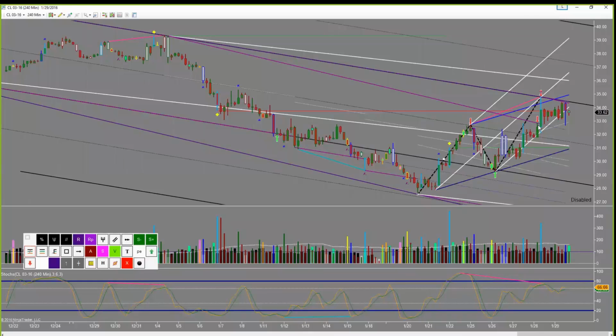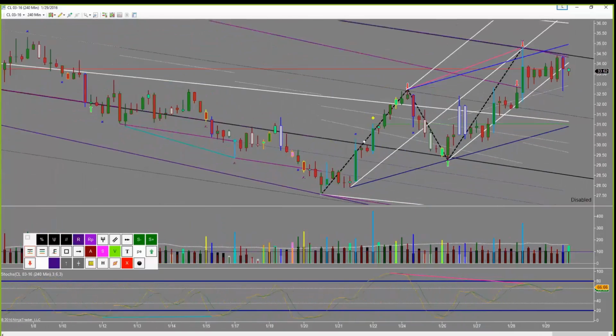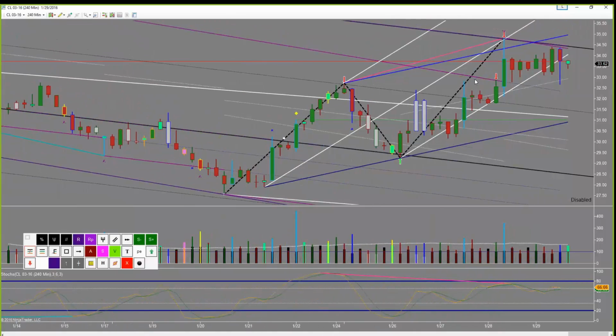Okay, so we see that reaction Thursday, and then today and overnight we have another A, B, C correction. All right, and it comes back up and nearly tags that downtrend line once again.